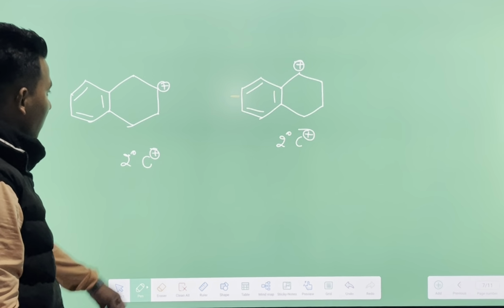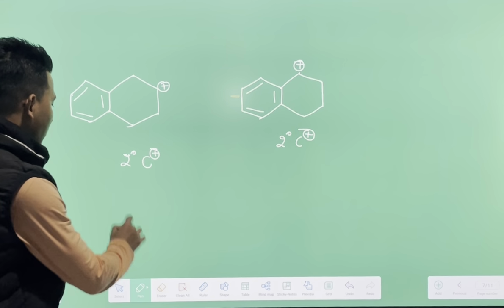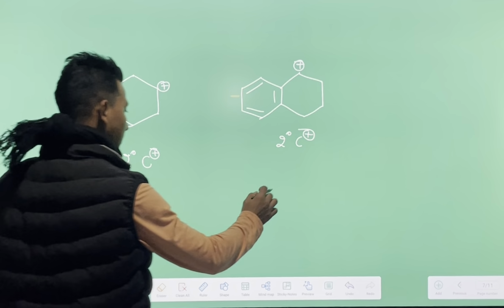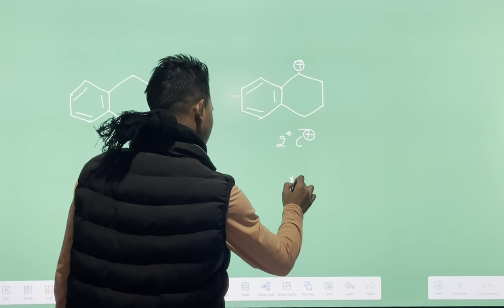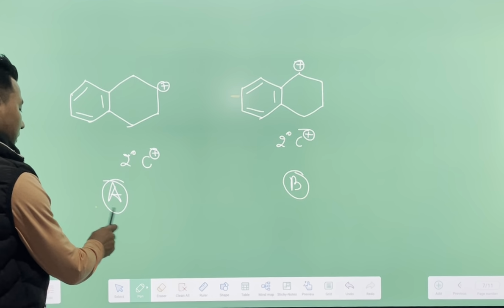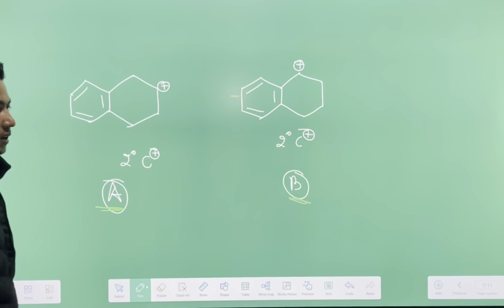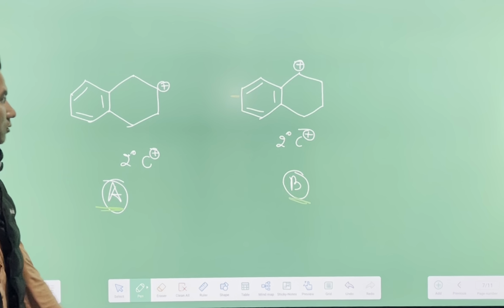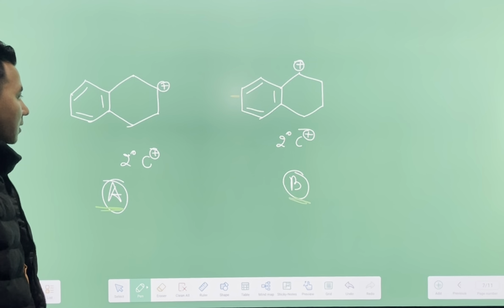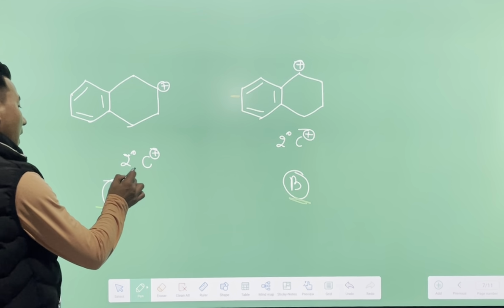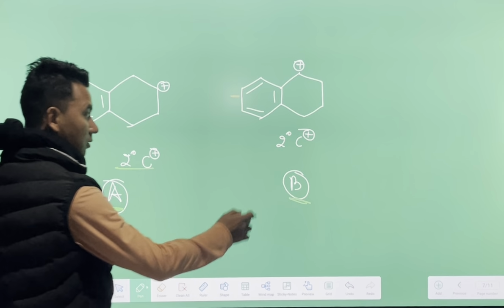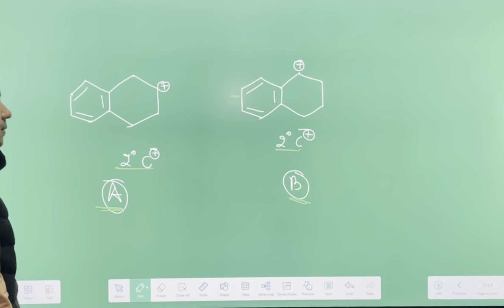But which one is more stable? If we compare these groups, let's take this as group A and group B. As compared to these two groups, which one is the most stable? However, they are both secondary carbocations. Among these two groups, which one is the most stable?